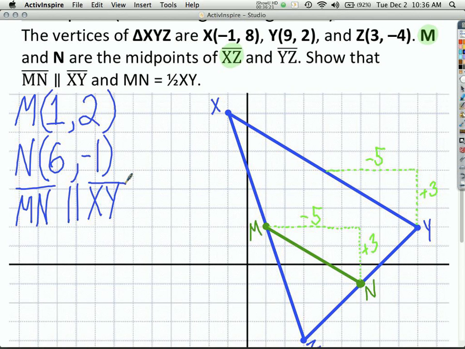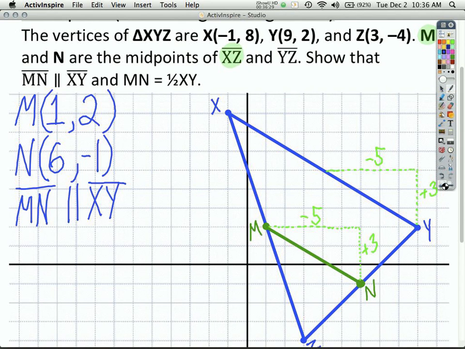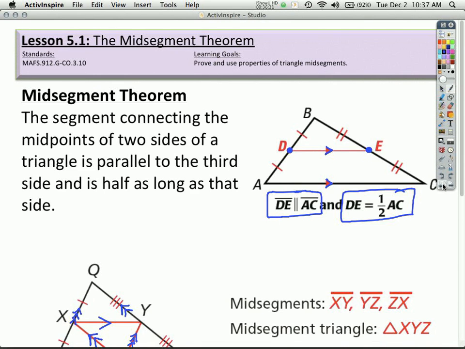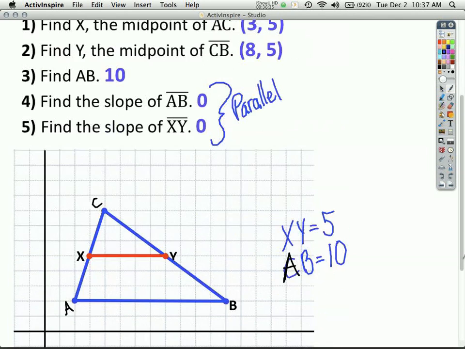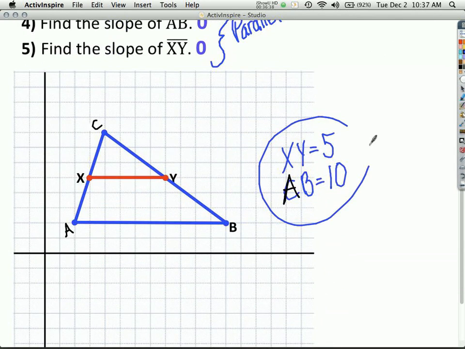So now we need to do this second part and prove that MN is equal to half of XY. So this was easy to do when we had this picture here. Because both lines were horizontal, all we had to do was count the boxes, count the grid lines.